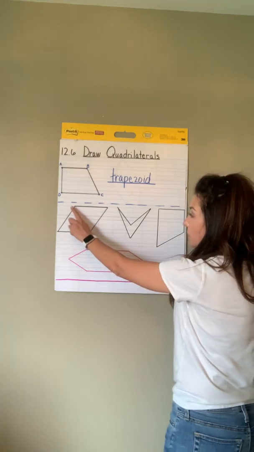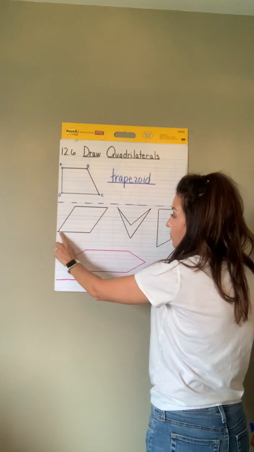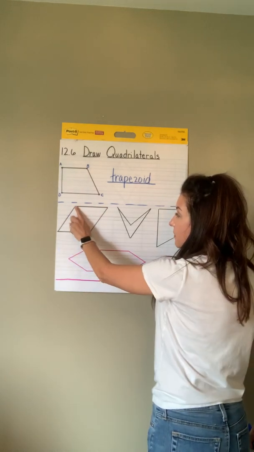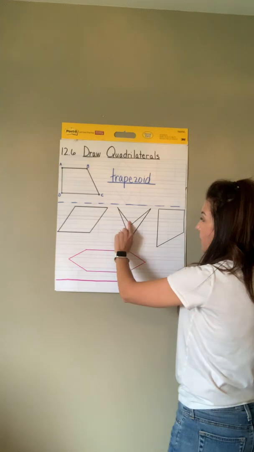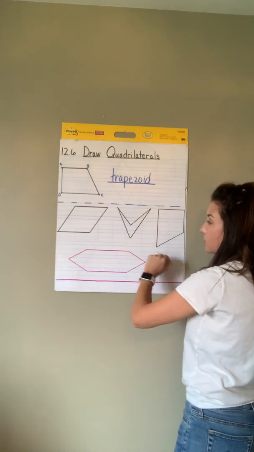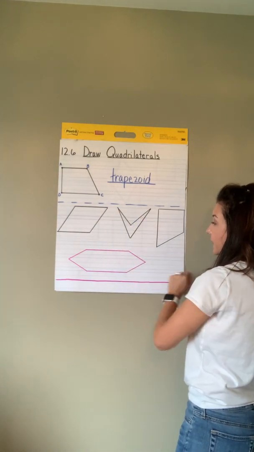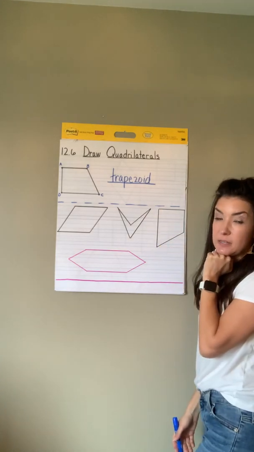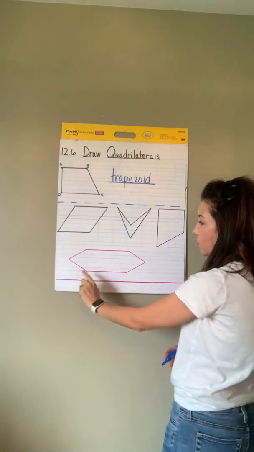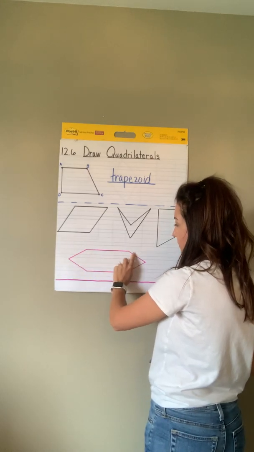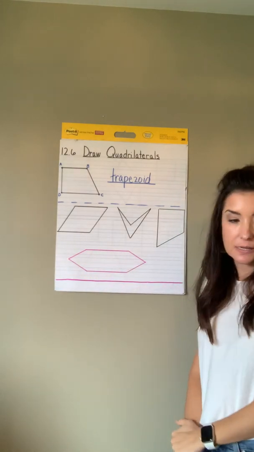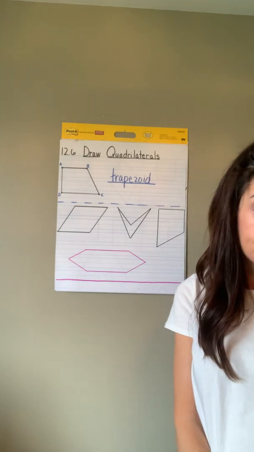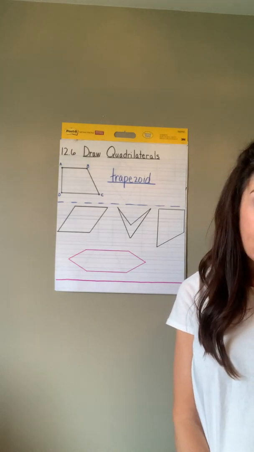If we look here, we have 1, 2, 3, 4 line segments, 4 sides, 4 angles. What do we have here? 1, 2, 3, 4, 5, 6 sides and 6 angles. Why is it not?